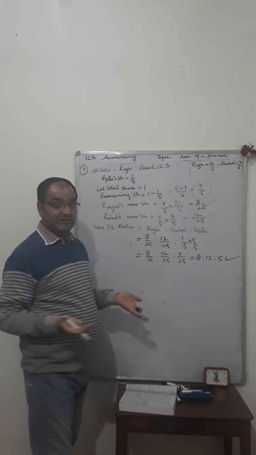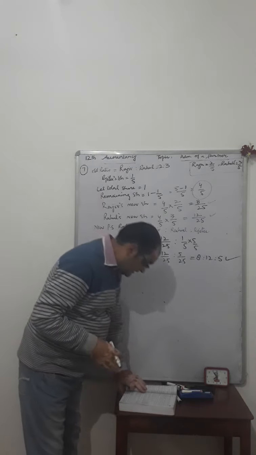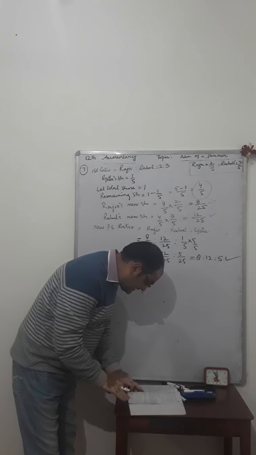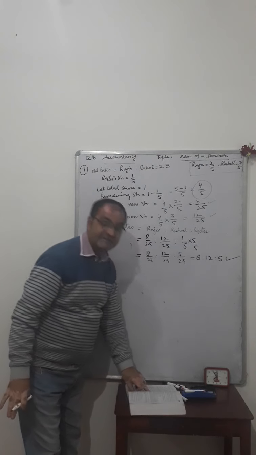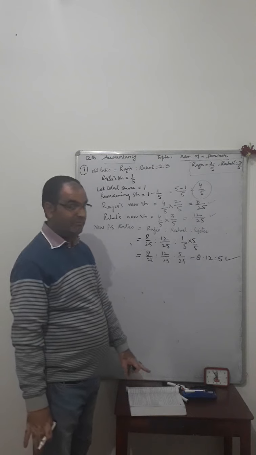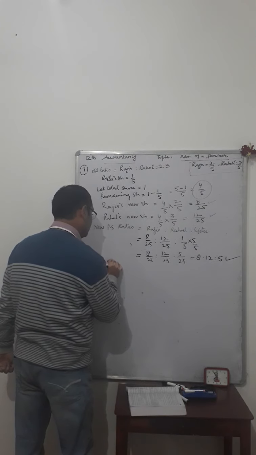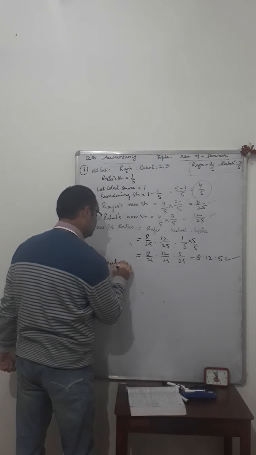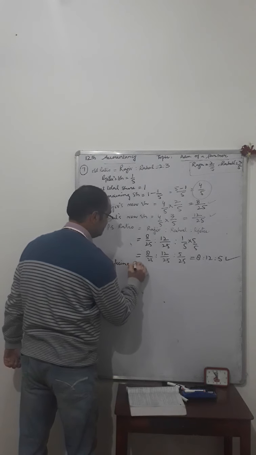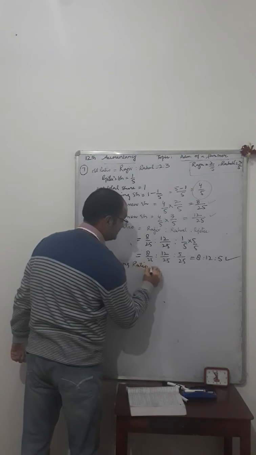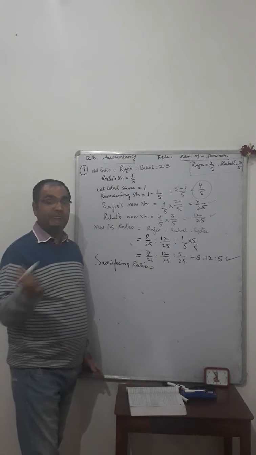And now the question requires us to find out the sacrificing ratio of the old partners. Therefore, sacrificing ratio is equal to old ratio minus new ratio.